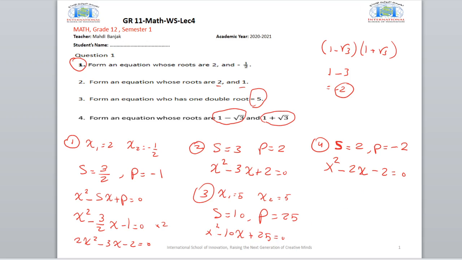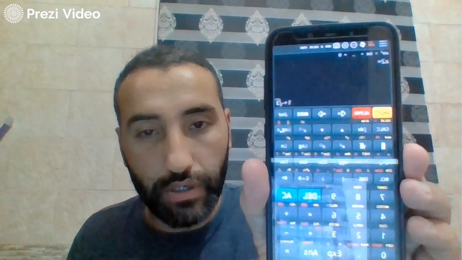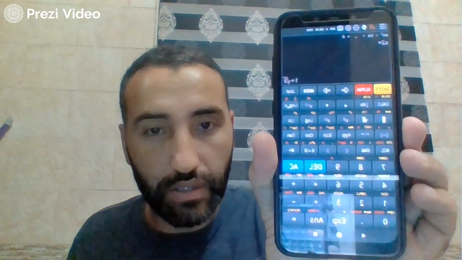Okay, let me show you something here. This is my calculator. I don't know if it was cleared or not. So I'm using this calculator. This is on the calculator, just download it on your phones. It's the same calculator. What do I do here? I press mode. See how? Mode, like this.